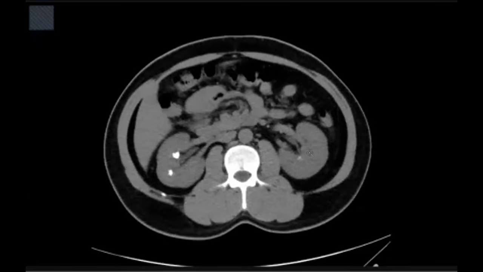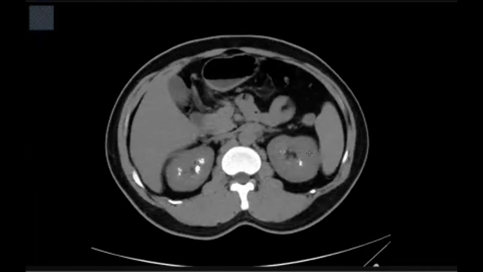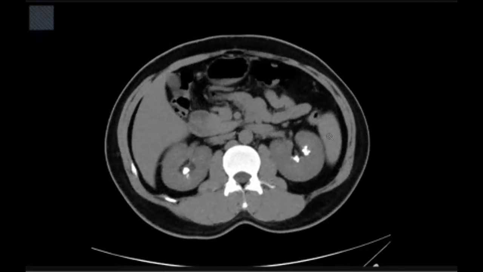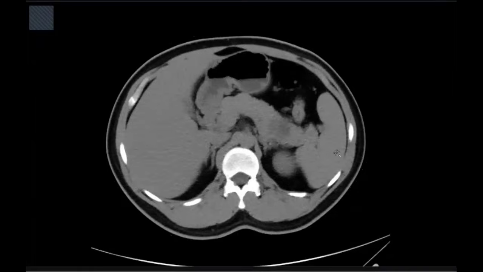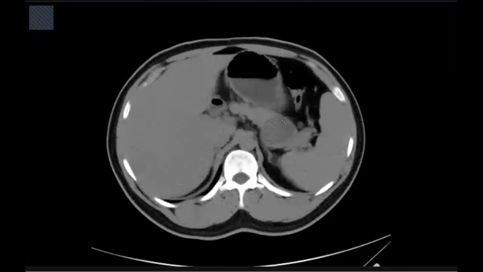While we are scrolling, if I asked you for the differential for medullary nephrocalcinosis, what would you give me? I told earlier, sir, that it would be renal tubular acidosis, hyperparathyroidism, and medullary sponge kidney. Three very good differentials. While we are scrolling, we found a pancreatic mass.